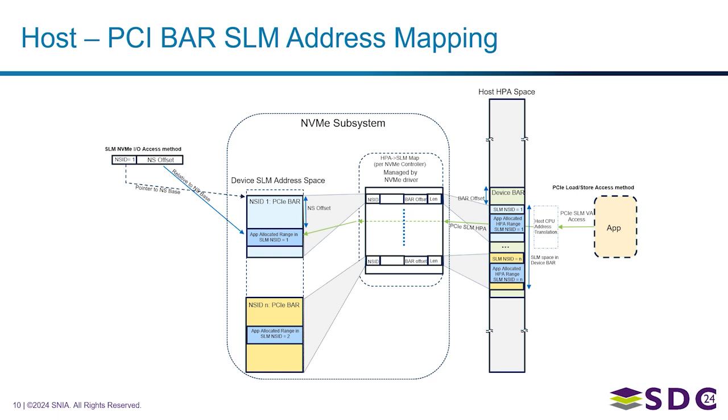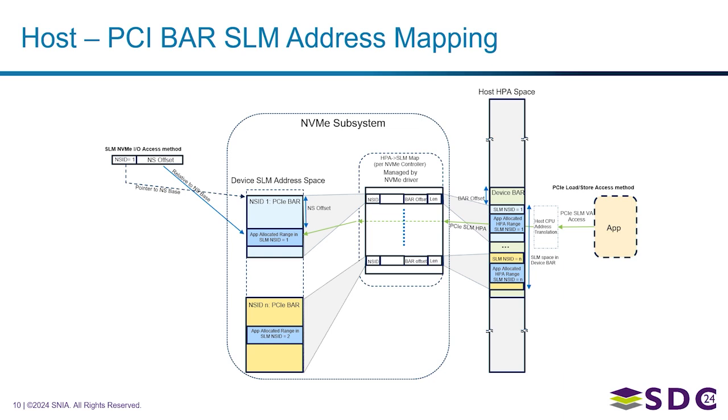The namespaces are all in one contiguous bar window or bar address space on the device, but there may, depending on the sizes of your SLM, be spaces in between individual SLM namespaces. So all of this looks pretty much the same as the other. We've been through how it's configured, but this all maps together.